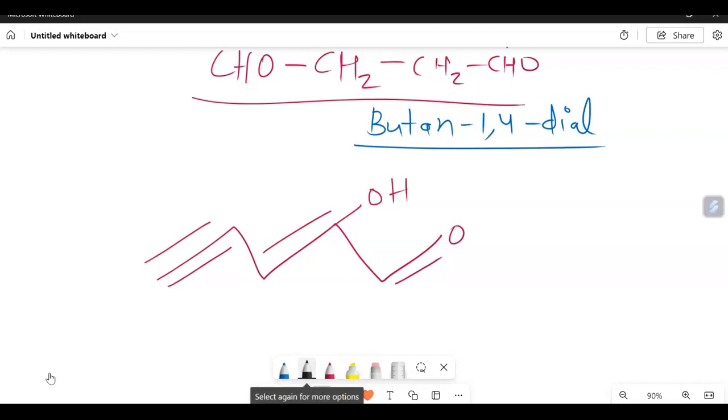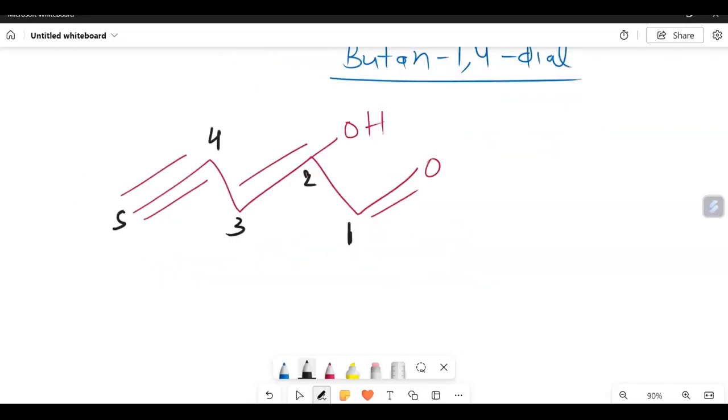We will give priority to this carbon, the aldehyde. 1, 2, 3, 4, 5 carbons are there, so we have a compound called pent. It starts from pent. Are you able to get it? How many carbons are there? 5, right? Now how can you name it? At position 2 there is hydroxy, so you can say 2 hydroxy.